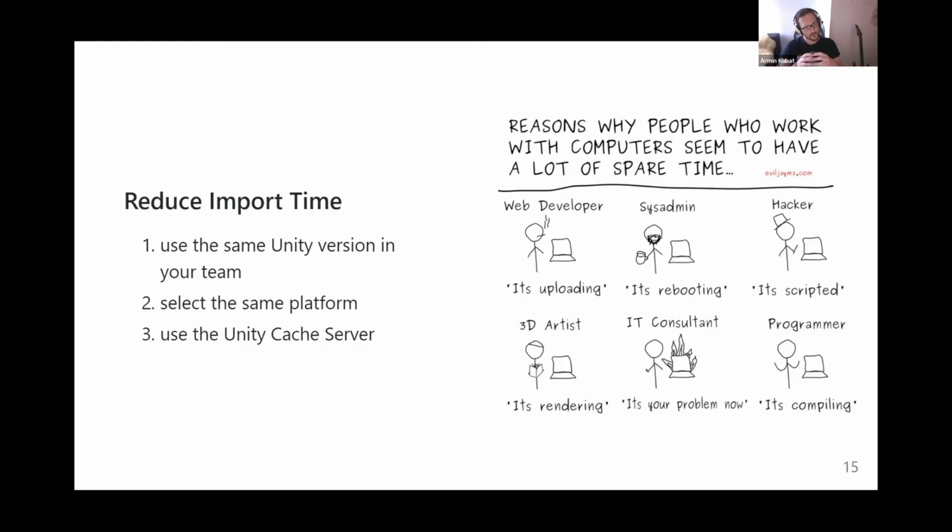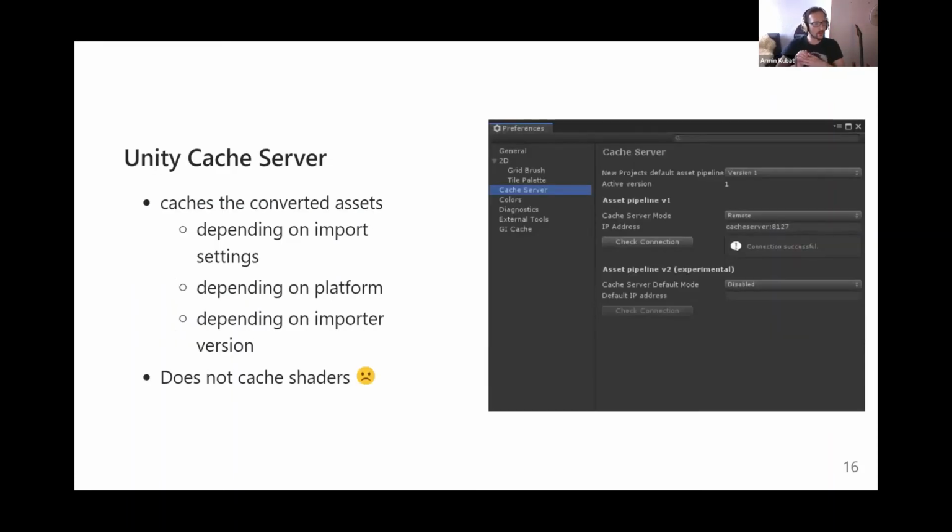And the third step is to use the Unity cache server. The Unity cache server is a service, it's also for free. And you can install it somewhere in your intranet on some machine or on a network attached storage that supports something like this. And just enter it in your player preferences, enter the domain name, IP, and port or whatever.